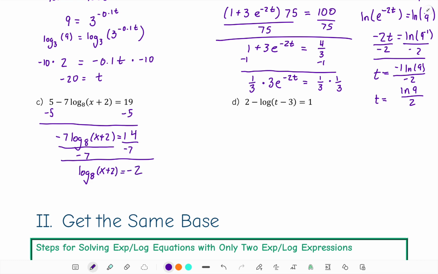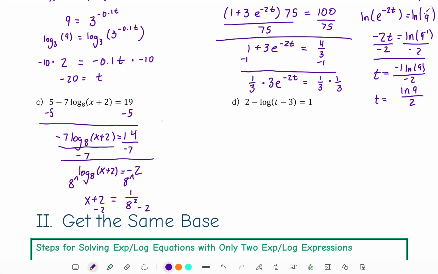And just like in parts A and B, how to cancel out the exponential, I took a log. To cancel out a log, I'm going to exponentiate. So I'm going to 8 it up. That's not times 8, but 8 to the power of. Well, the 8 to the power of log base 8 will cancel out, so we're left with x plus 2. Then 8 to the negative 2 power is 1 over 8 squared.